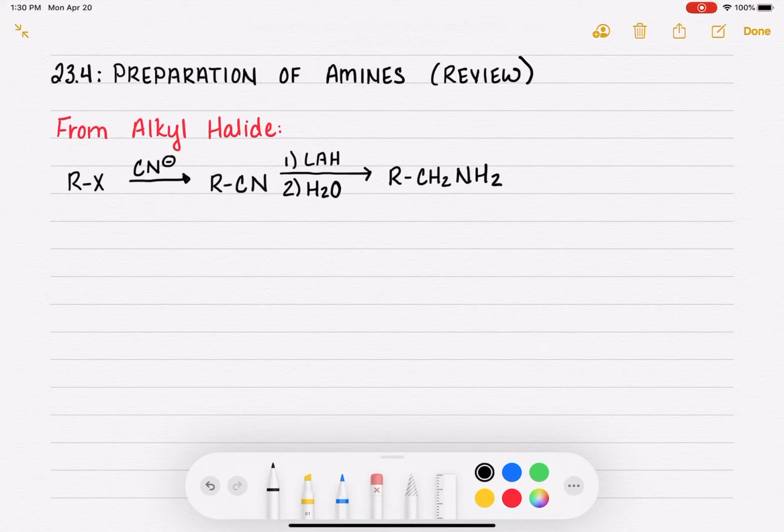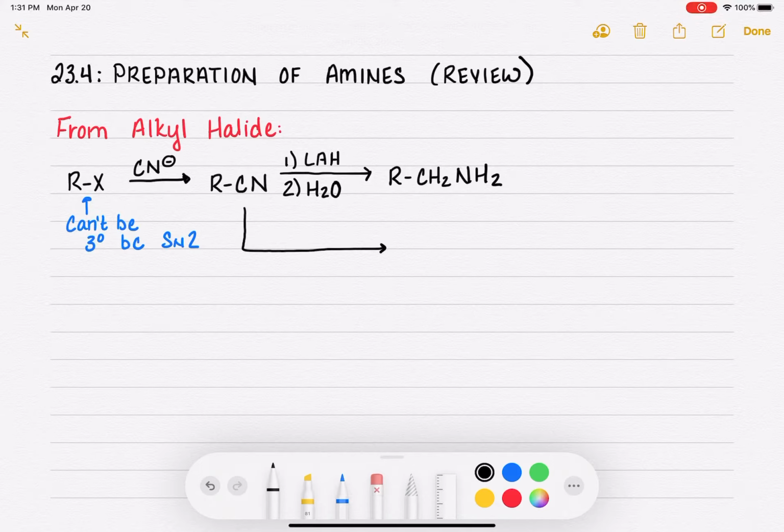And let's put some conditions on this reaction. Because this first step is an SN2, our alkyl halide can't be tertiary. And that's really the only condition that we have for this. There is one problem on Sapling that uses an alternative set of reagents at this point in the process.